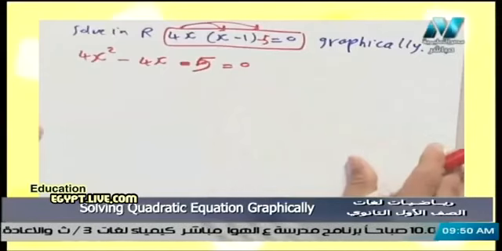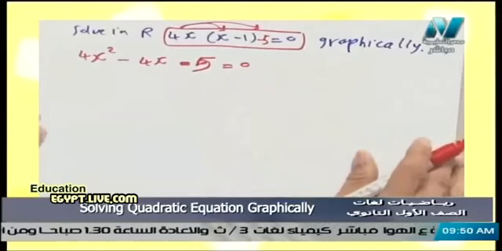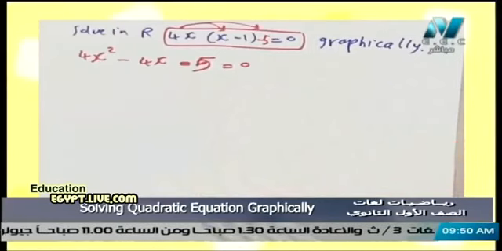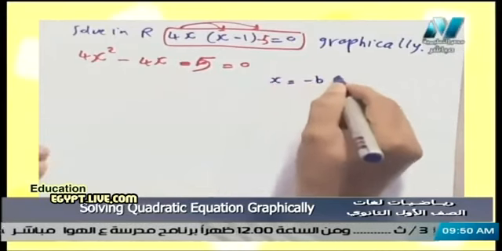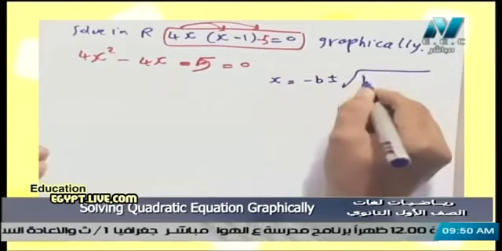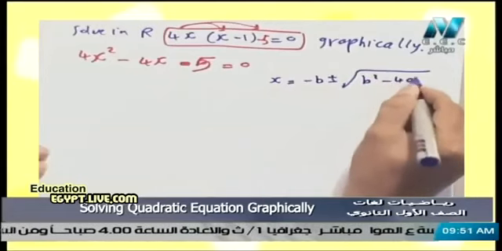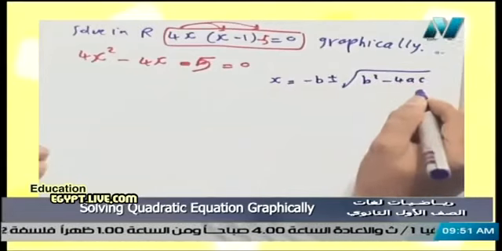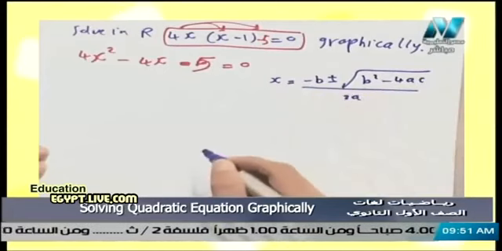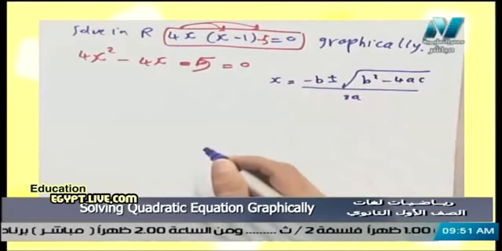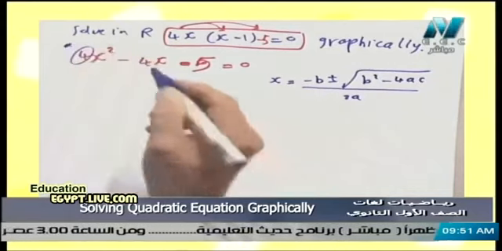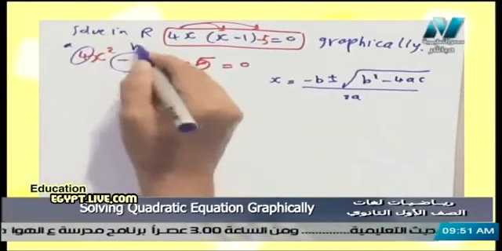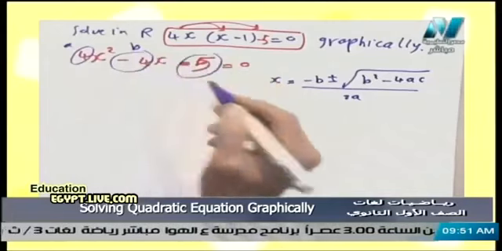And if you want to solve it algebraically, we know about the formula. Do you remember, my dear students? The formula x equals negative b plus or minus square root b power 2 minus 4ac over 2a. And we ask ourselves, what is a, b, and c? A here is 4. B is negative 4, sorry.